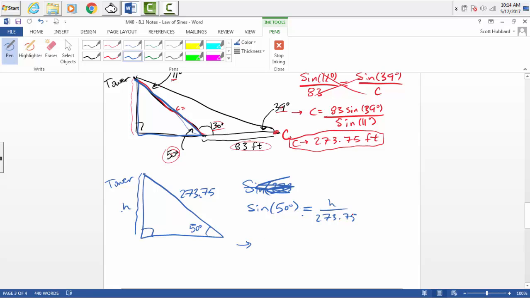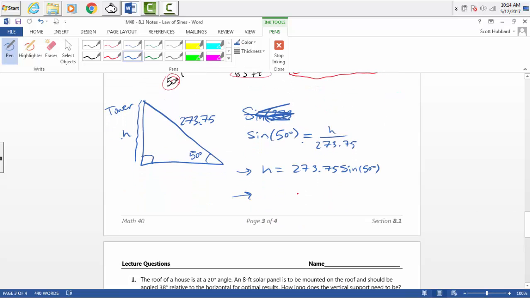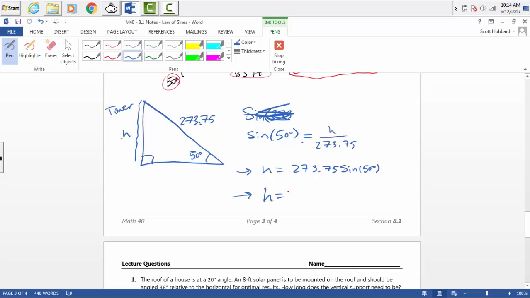Move it over, so h equals 273.75 times sine of 50. And that tells me I get 209.7. So I find out the height is roughly equal to 209.7 feet.